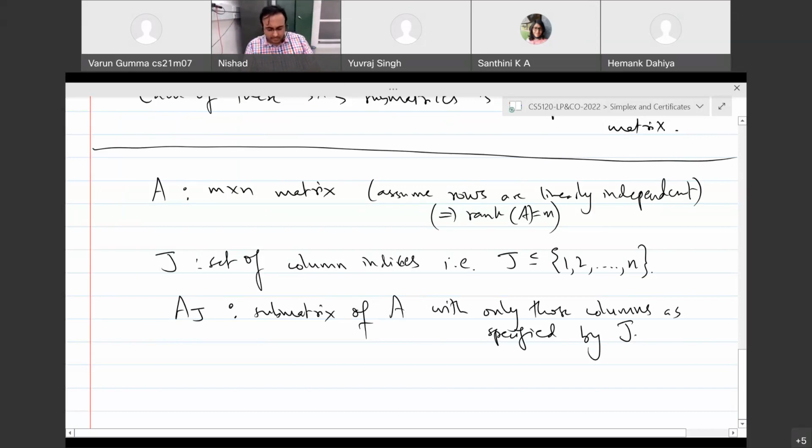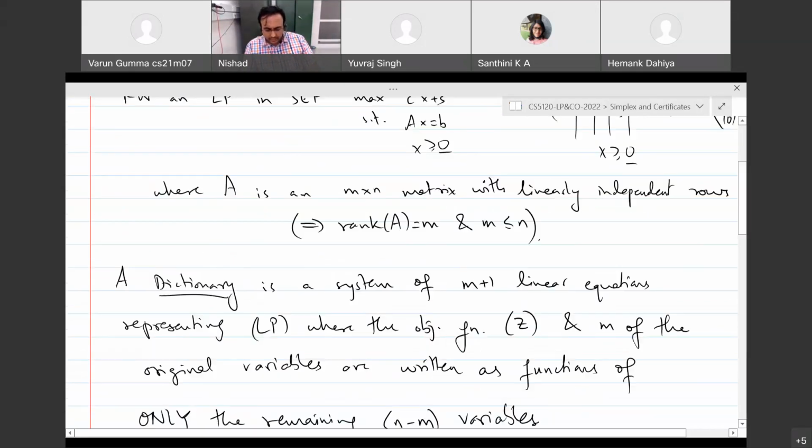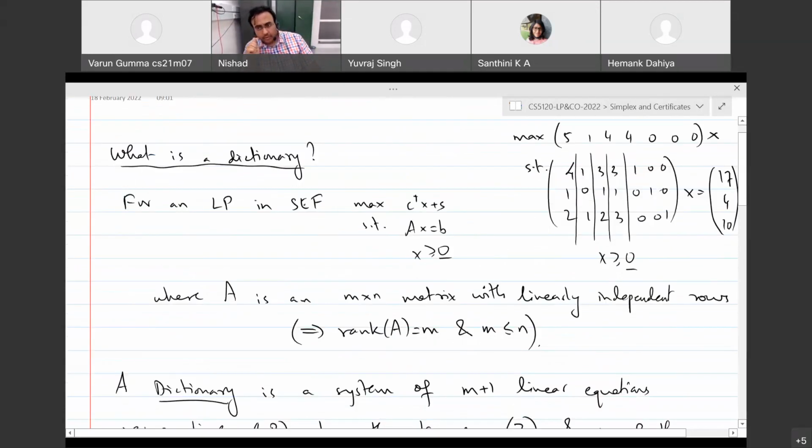Okay. For example, if I write A4, just a singleton set 4, I'm referring to the fourth column of our matrix, which is 3, 1, 3. Right. So in this example, A4 is simply 3, 1, 3. Right.